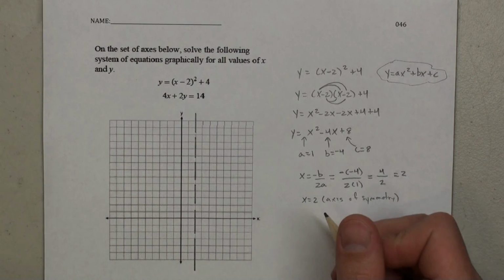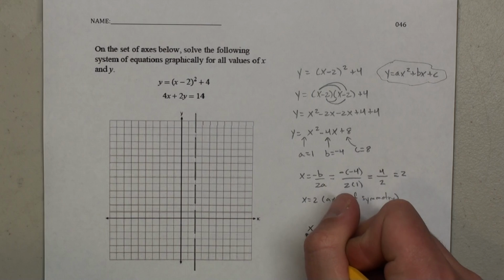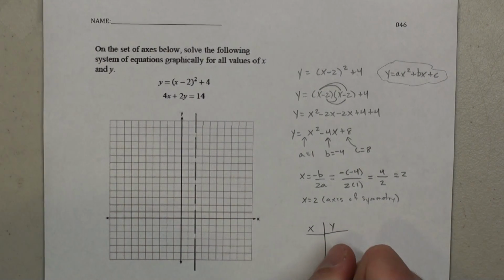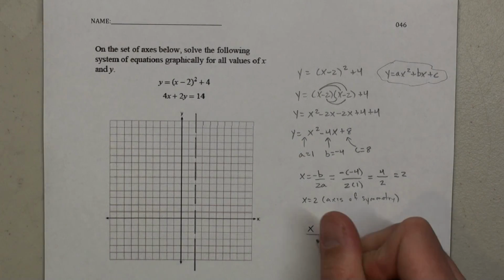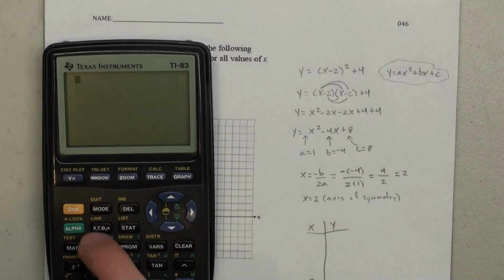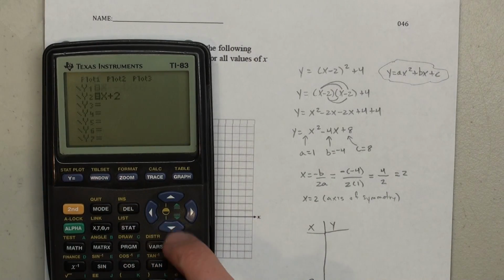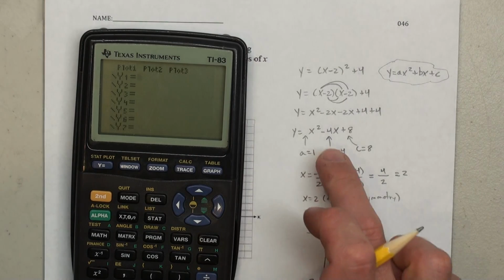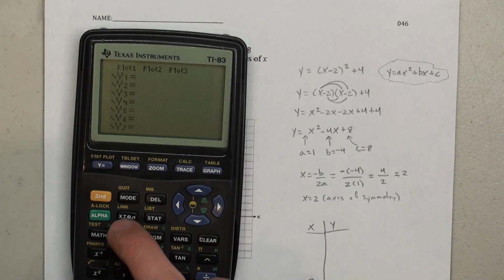Now, that's also my middle value in my data table, right? And let's plug in our equation. I had x squared minus 4x plus 8.